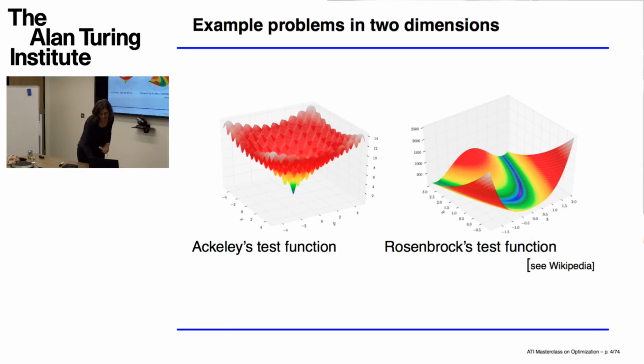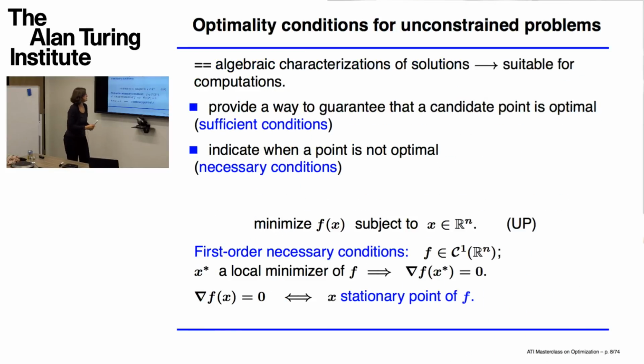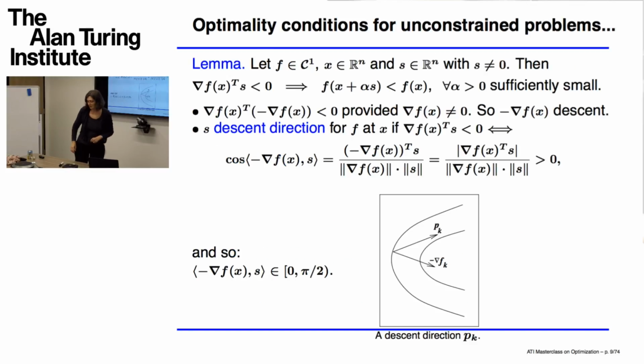Right, so indeed, for smooth continuously differentiable functions, at a local minimizer, you always have a 0 gradient, and we call such point a stationary point. Right. Okay, so why is it that the gradient is 0?